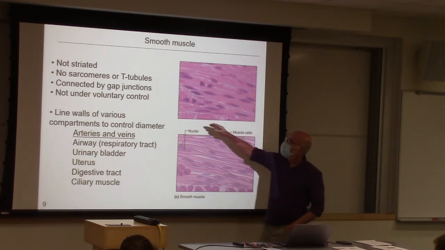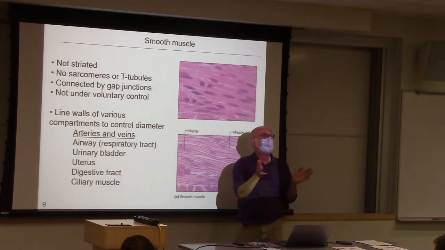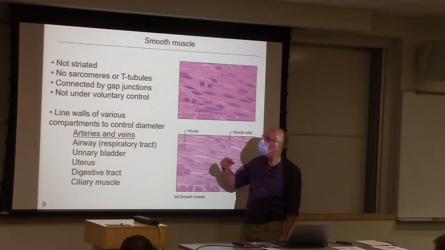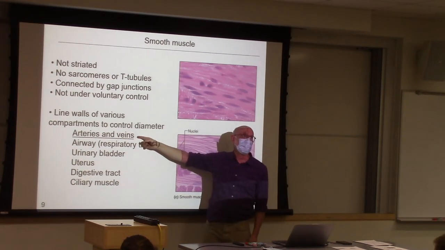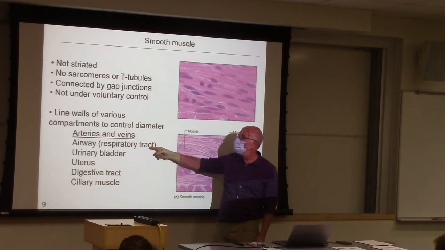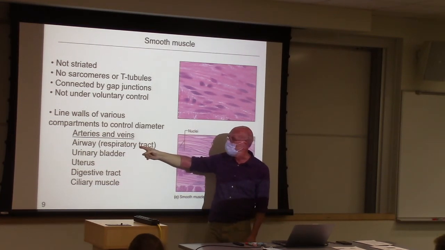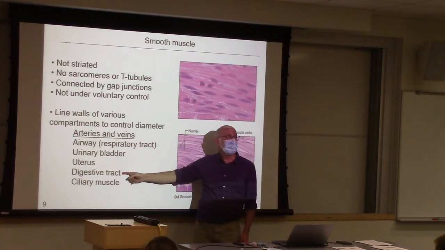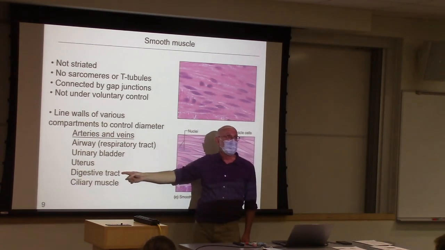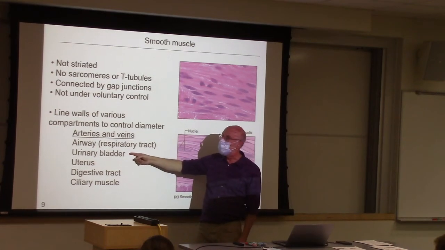So, smooth muscle lines the tubes in your body. And the ones we need to know right now are arteries and veins. And in a couple of weeks, we're going to learn about the smooth muscle that lines your airway and your respiratory system. And a few weeks later, we're going to learn about the smooth muscle that lines your digestive tract. We're not going to talk about the urinary bladder, although it happens.